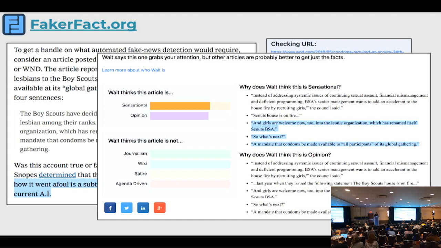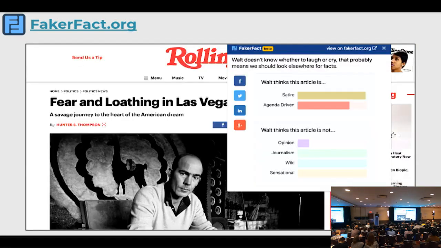Not only that, remember we have attention mechanisms embedded throughout the algorithm, so we can pull out the most important sentences at the paragraph level and identify that 3 out of the 4 quoted sentences in the paragraph that I just read from World News Daily, the algorithm, which we named Walt after Walter Cronkite, pulls out and says that's why we think it's sensational and opinionated.